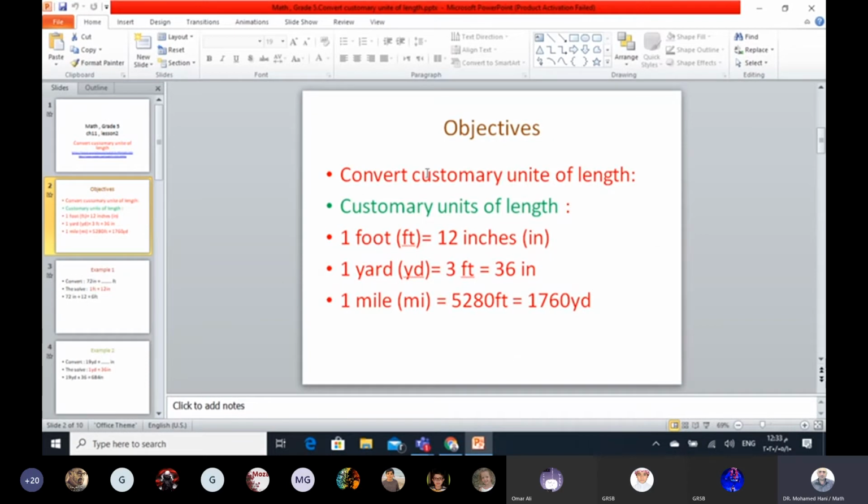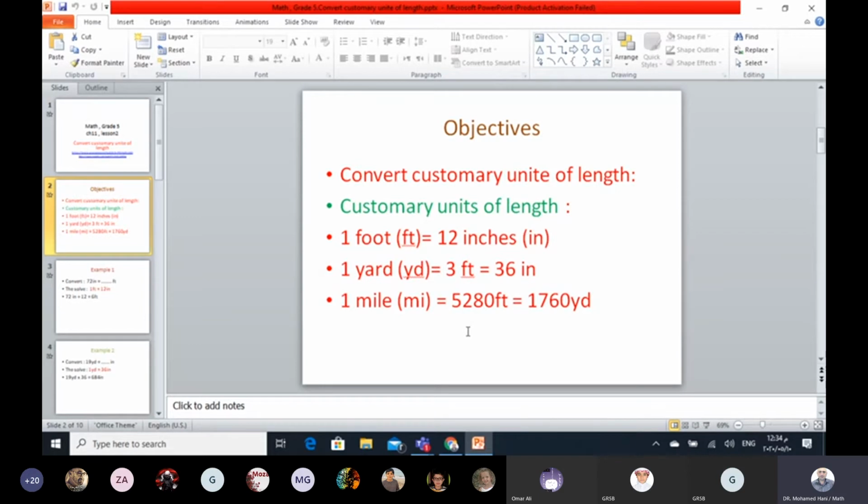So I will repeat, convert means change from one unit to a different unit, maybe from a large unit to a small unit. For example, from foot to inch. When you change from foot to inch, this is the meaning of convert. 1 foot equals 12 inches, 1 yard equals 3 feet or 36 inches, 1 mile equals 5,280 feet or equals 1,760 yards.